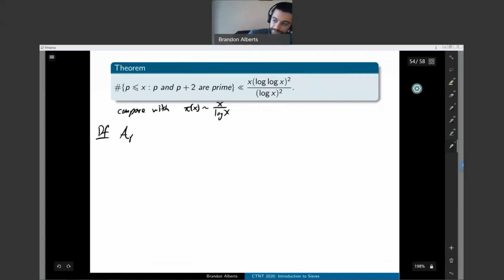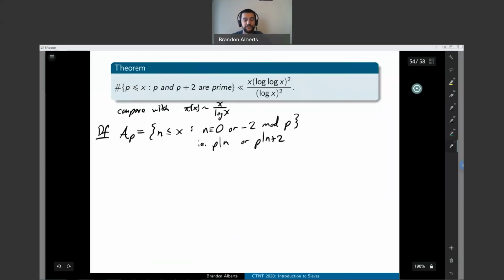So for the proof, we let our set of bad numbers be n less than or equal to x, such that n is congruent to 0 or -2 mod p, i.e. p divides n or p divides n plus 2.